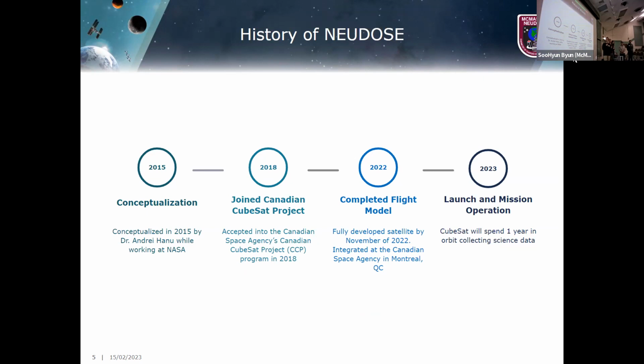And in November 2022, we were able to complete our flight model and integrate it into the CubeSat deployer at the Canadian Space Agency in Montreal in December. And then now in 2023, we have our launch and our mission operations. Our launch is scheduled just next month. And our mission operation will spend 1 year collecting radiation data in space.